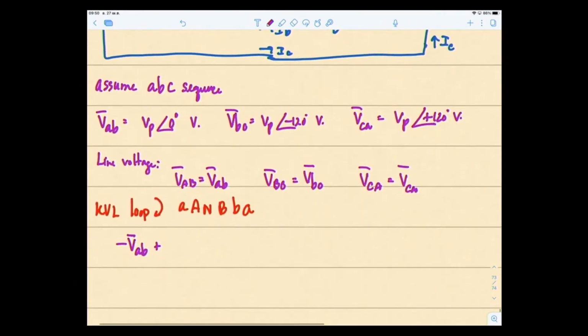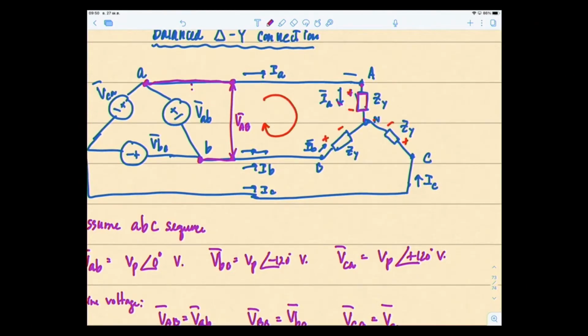So therefore ZY IA minus ZY IB equal to 0. This loop passes through this VA, minus VAB, and goes here, positive, the voltage drop across this VAN, and then minus the voltage drop across this ZY.